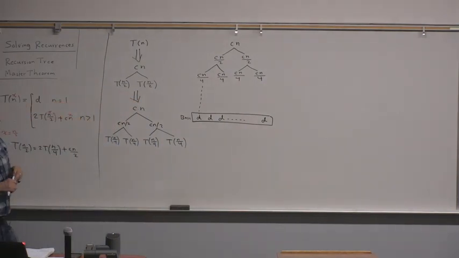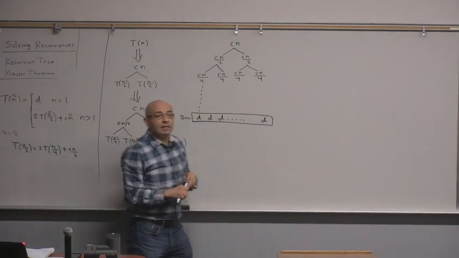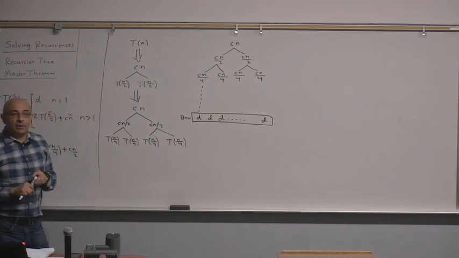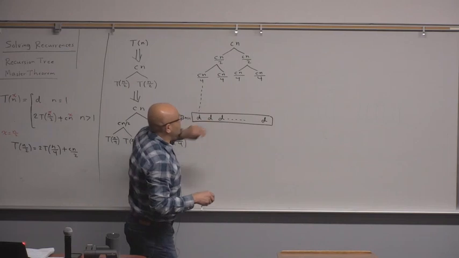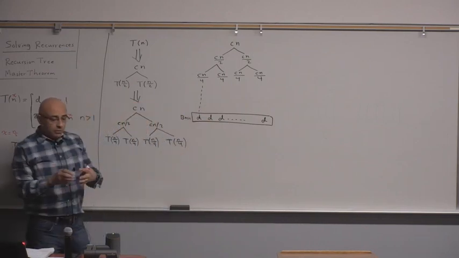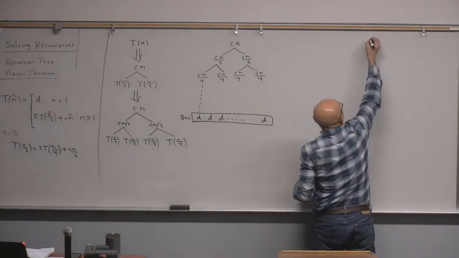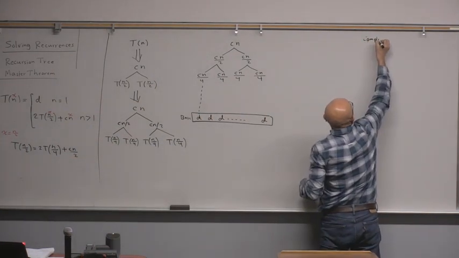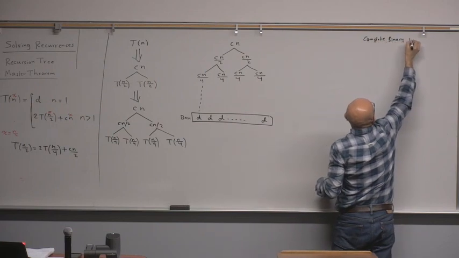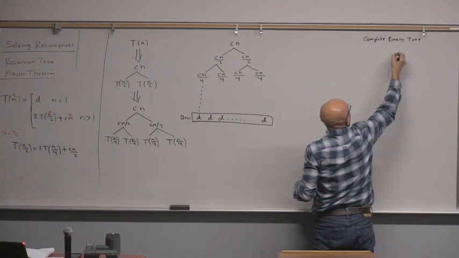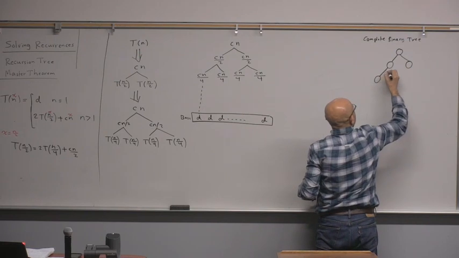Now, in order to count this, let's review the mathematical relations between the height of the tree and the number of leaves and the number of nodes. So let's put this on hold for a minute and review the mathematical relations for a binary tree. A complete binary tree will look like this.